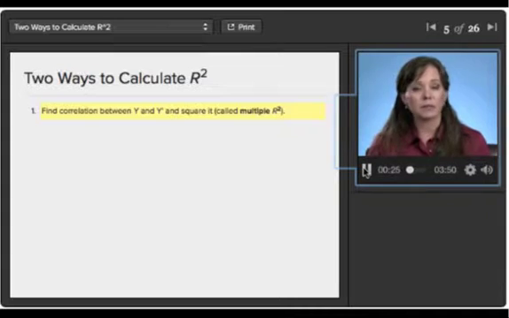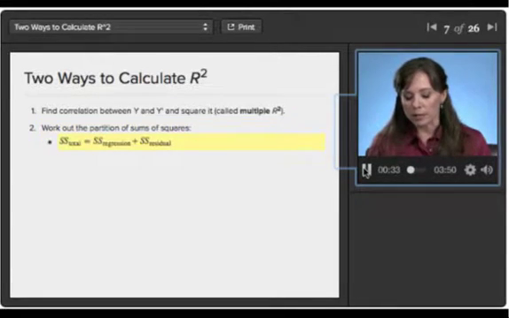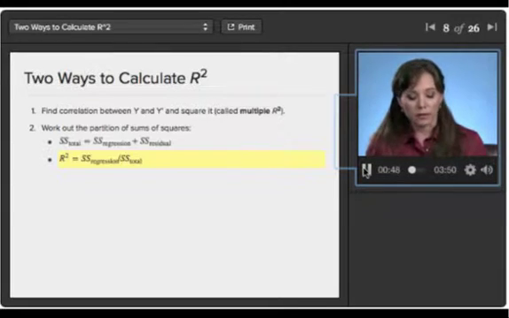This is often called the multiple R-squared in software output. Another way is to work out the partitioned sums of squares to find the sum of squared regression and sum of squared residual, and then R-square is just the sum of squared regression divided by the sum of squares total. We've seen this definition before when we looked at analysis of variance as well. So R-square is calculated in the same way, regardless of the model that you're looking at.